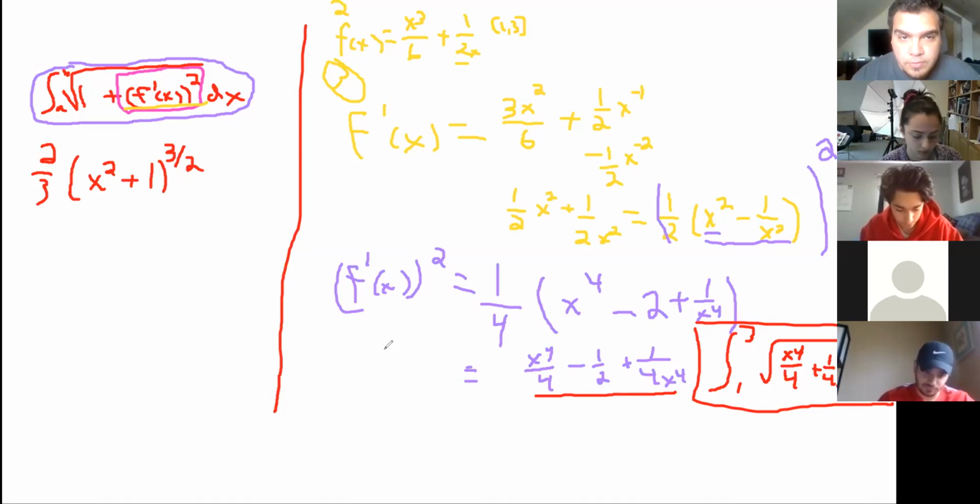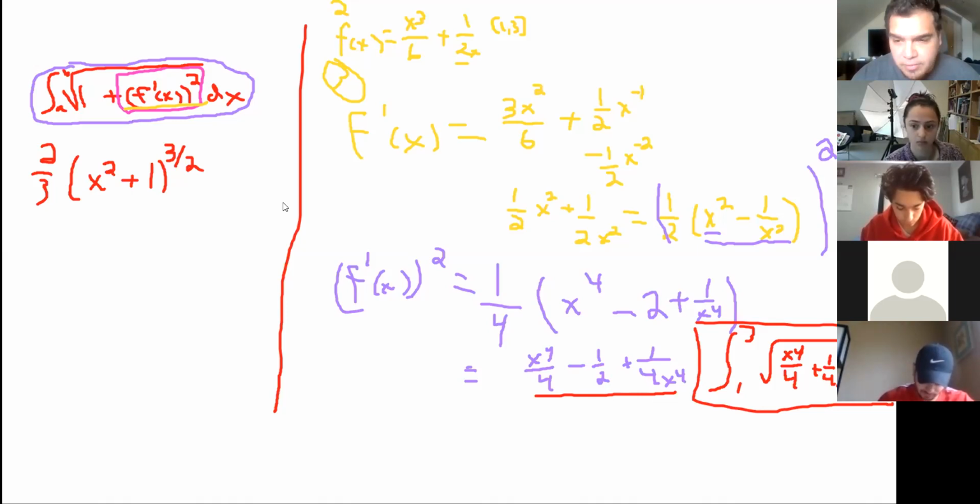So the square root of x to the 4th divided by 4, I have to put another parenthesis, plus 1 over 4x to the 4th.